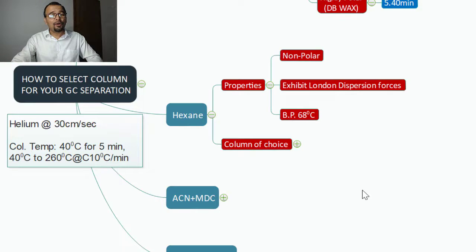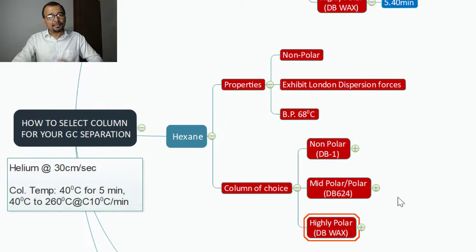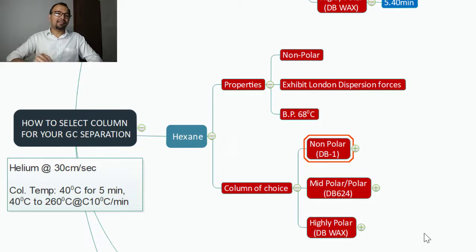Now let us talk again about the three different stationary phases: non-polar, mid-polar, and highly polar stationary phase. So hexane being a non-polar compound, what do you expect? The retention of hexane on the non-polar stationary phase like DB1, with the logic of like attracts like.